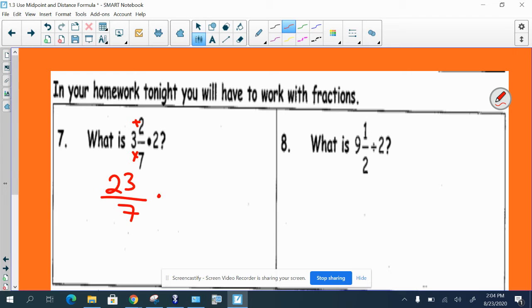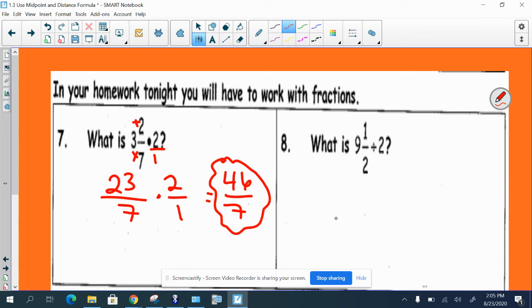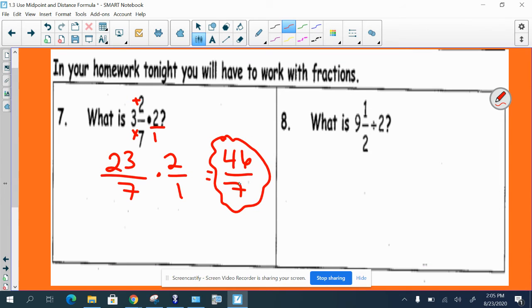And then multiplying a fraction by a whole number, you change the whole number to a fraction with a denominator of 1. So 2 over 1. And that would give you 46 sevenths. And you can actually leave your answer like that. I'm okay with that. Or you can change it to a mixed number if you'd like, but improper fraction is fine.